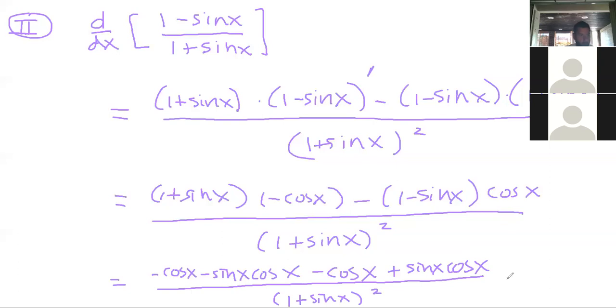And so what you'll notice is a couple of these terms cancel out, and you're left with minus 2 cosine x all over this creature.